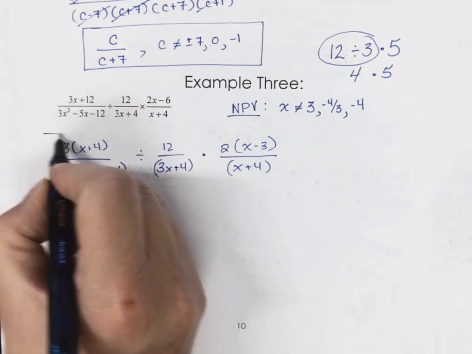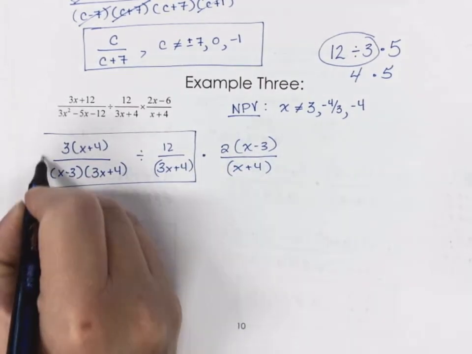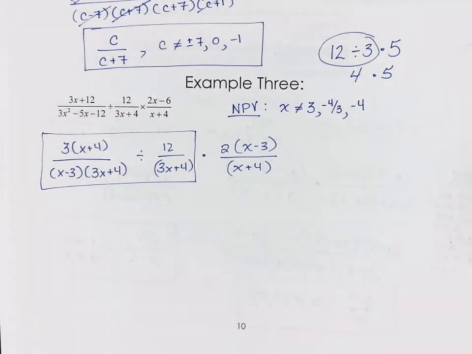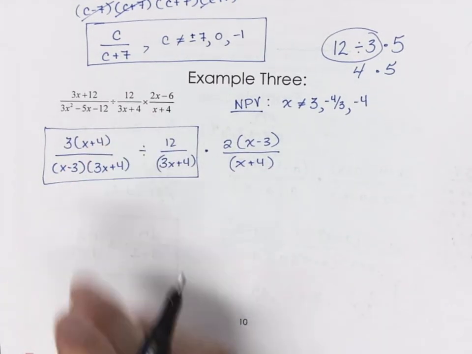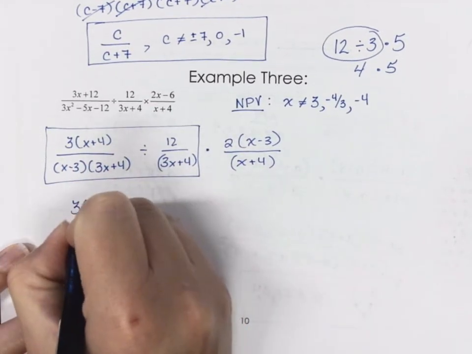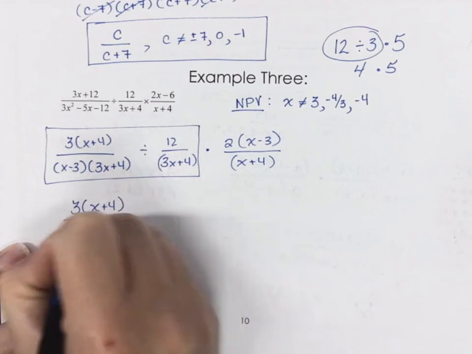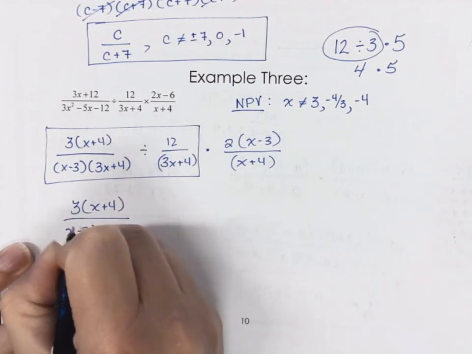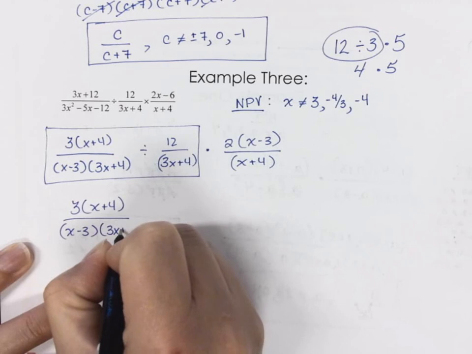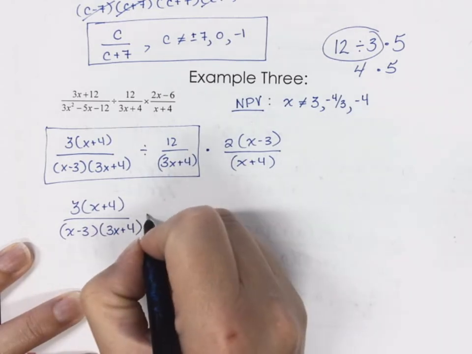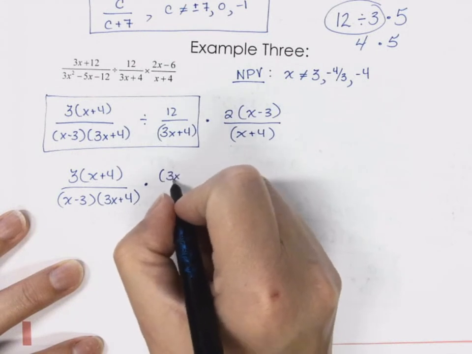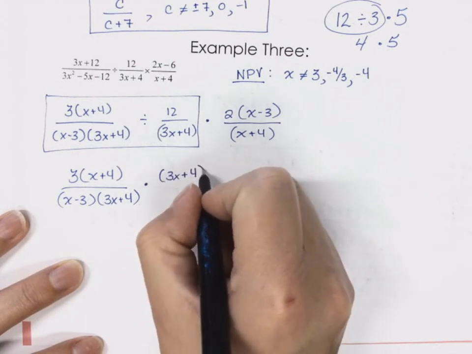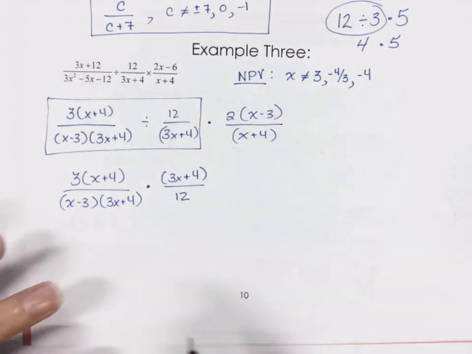So we're going to look at these two first. Okay? We still need this one. It still needs to be written down, but we're going to deal with these two first. So 3x plus 4 over x minus 3, 3x plus 4. This flips and becomes 3x plus 4 over 12.